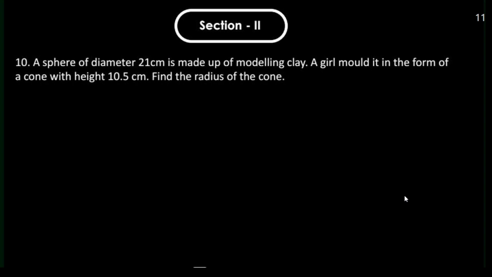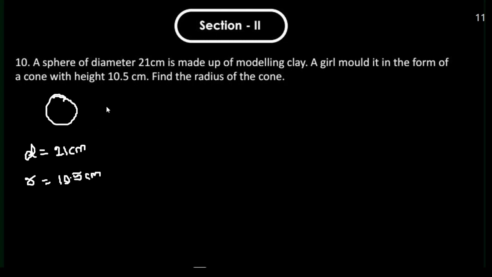Now next question. A sphere of diameter 21 centimeter is made up of modeling clay, right? So now here what's happening? They have a sphere, okay? So initially they have this sphere and its diameter is 21 centimeter, right? If its diameter is 21, then its radius will be 21 by 2, that is nothing but 10.5 centimeter.